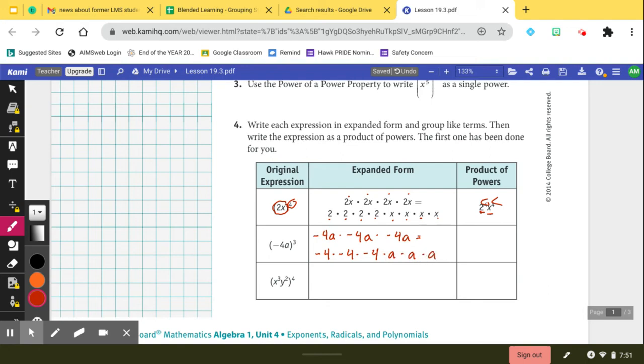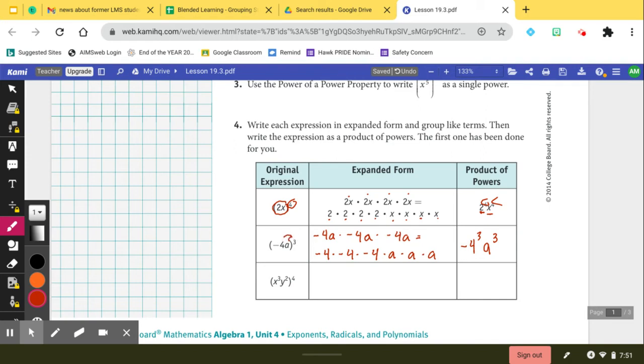So I'm multiplying negative 4 by itself 3 times, so it'd be negative 4 to the 3rd power. And then I'm multiplying a by itself 3 times, so a to the 3rd power. So really, we are attaching those exponents to each of those different bases.